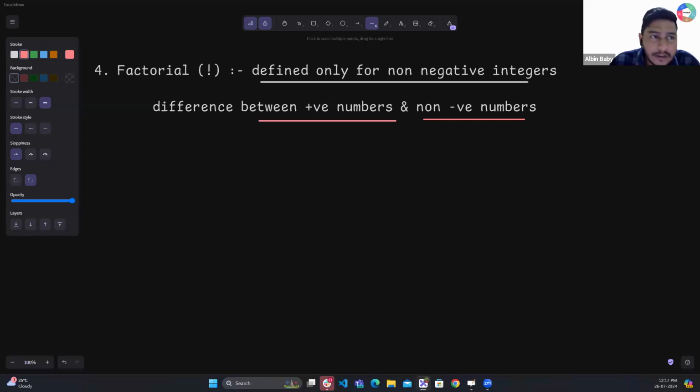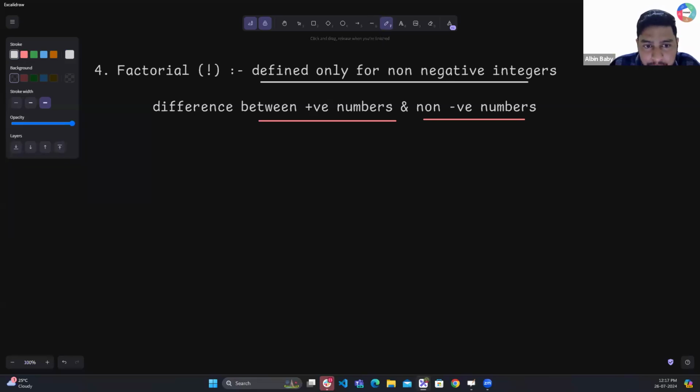When you say positive numbers, they start from 1, 2, 3, and it goes on. Non-negative means it starts from 0.